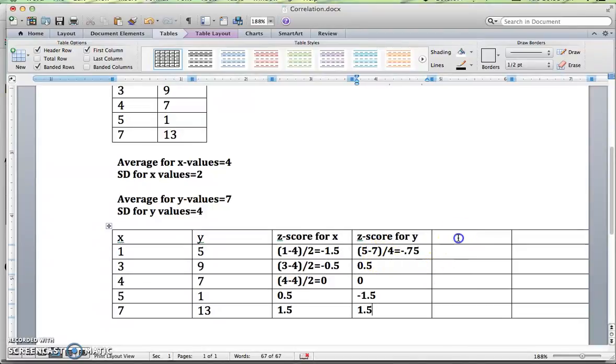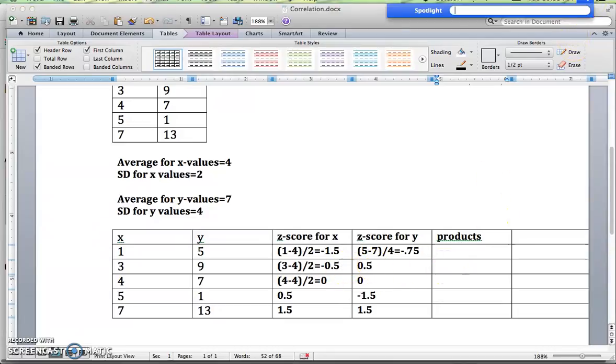Then on this side, we want the products of these z-scores. So in other words, we want to multiply this by this and put it here, and multiply this by this and put it there.